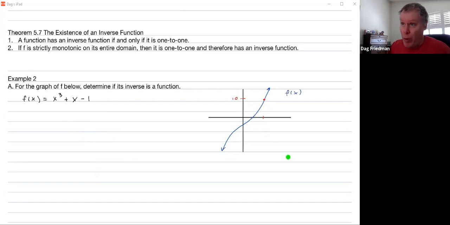It can't do both. A monotonic function wouldn't go up for a bit, then go down, then go up. It has to always be going up or always be going down. It's got to make a choice. Okay? Any questions on either what it means to be one-to-one or what it means for a function to be monotonic?